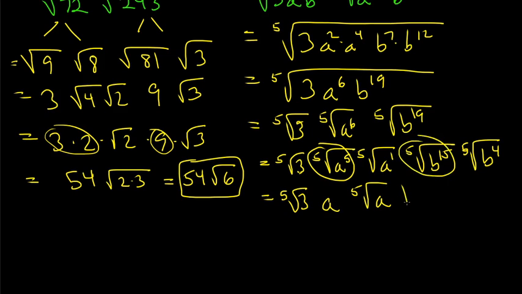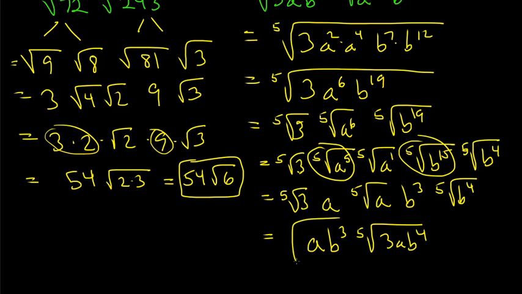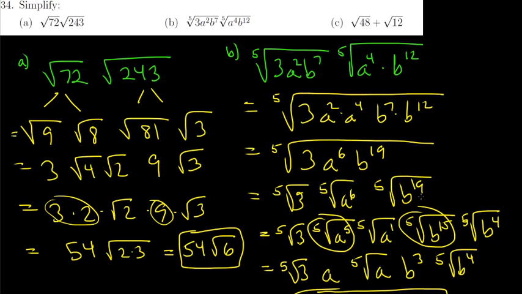The fifth root of b to the 15 is b to the 15 over 5. 15 divided by 5 is 3, times the fifth root of b to the 4. Now, 4 is less than 5, so that's considered simplified. So we have a times b cubed, and then times the fifth root of 3ab to the 4th. Okay, so that's part B.